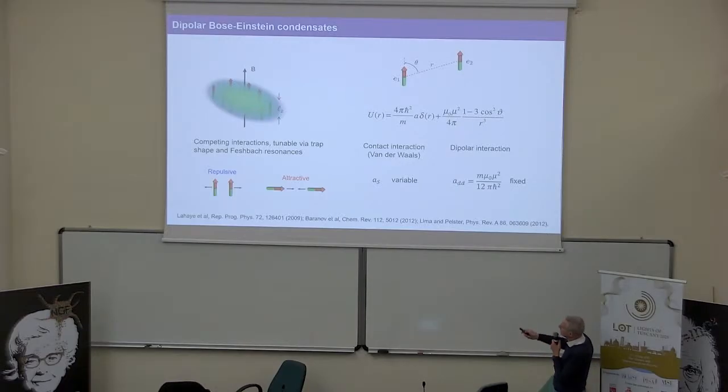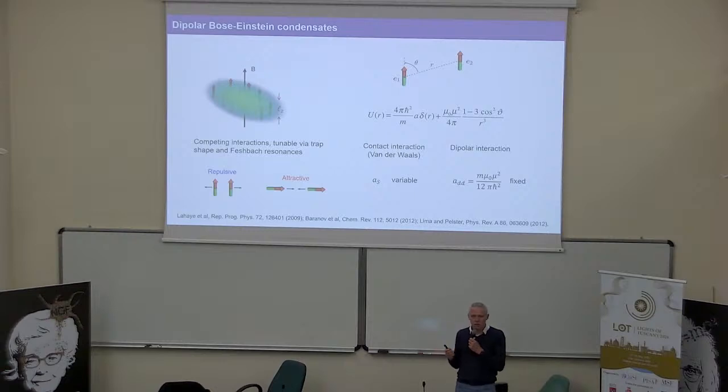And then if you take a sample of many of these dipoles in a Bose-Einstein condensate, which is naturally a superfluid, a Bose-Einstein condensate of atoms with interactions, then thanks to these special interactions, you might also get a periodic modulation.